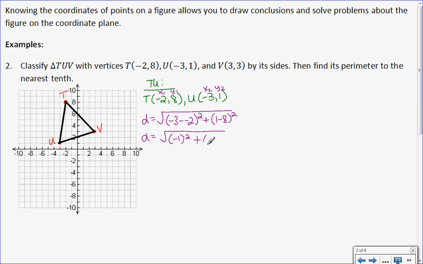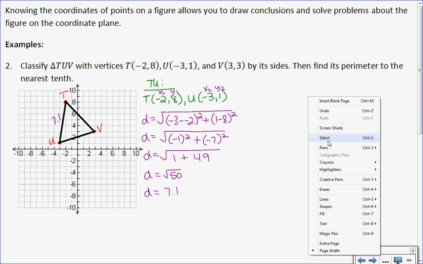And then 1 minus 8 is negative 7. Let's square each of those, so we'll get 1 plus 49. So that gives us the square root of 50, or to the nearest tenth, that is approximately 7.1. Okay, so we know the distance from point T to point U is about 7.1. Alright, let's go to the next segment.